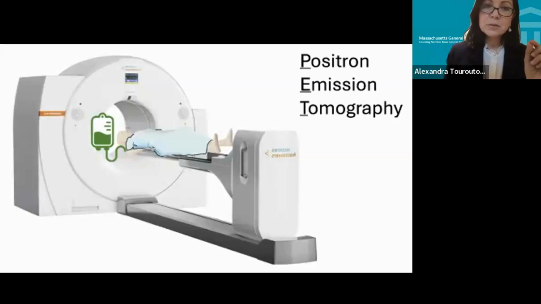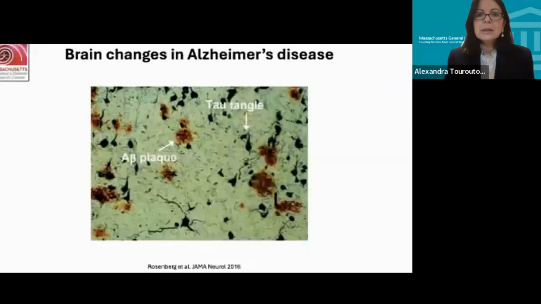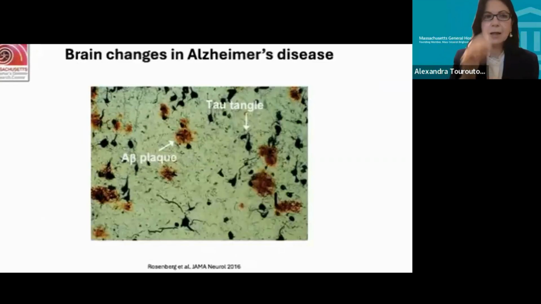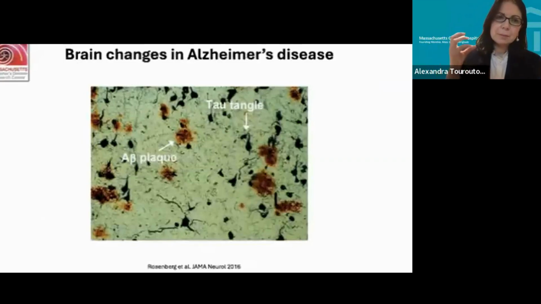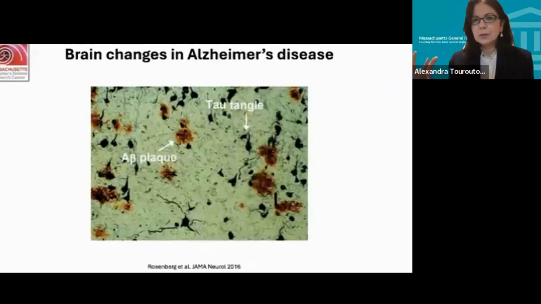I also want to mention that the dose of the drug is very small, so it is considered a safe procedure. As you know, there are two toxic proteins that have been associated with Alzheimer's disease. One is the beta amyloid plaques, and the other one is the tau tangle. The amyloid accumulates and makes plaques in the brain, and the tau accumulates and makes tangles in the brain.